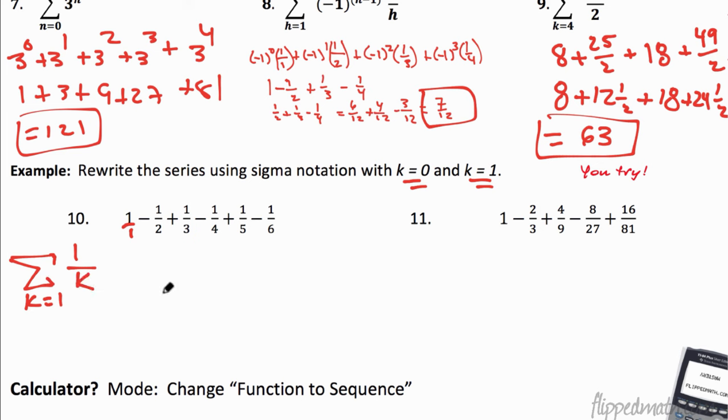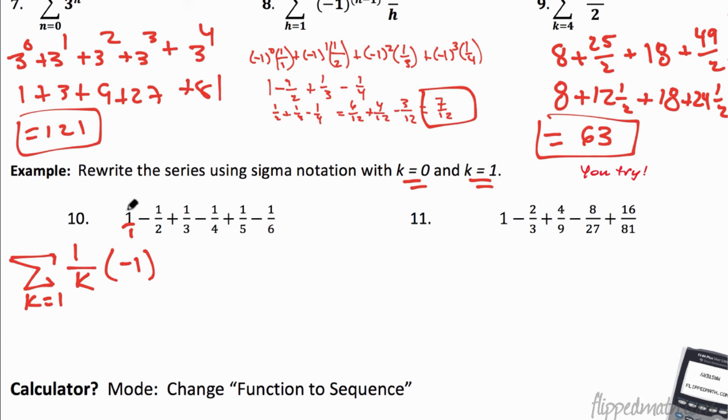The only problem is, we have to worry about that positive, negative. The first one has to be positive. The next one has to be negative. When I sub a 2 in, we have to make this negative. So the only way we can do that is if we add this little times negative 1 on it. And I want the exponent on the negative 1 to be odd when k is 2. That is a weird way to think about it. Let's think about it when k is 1.